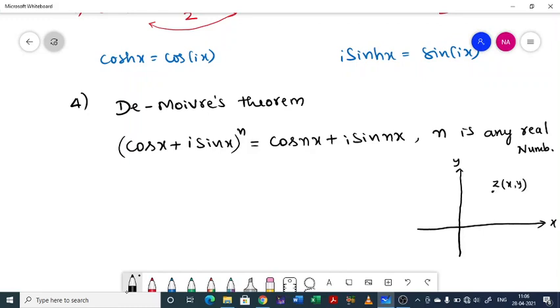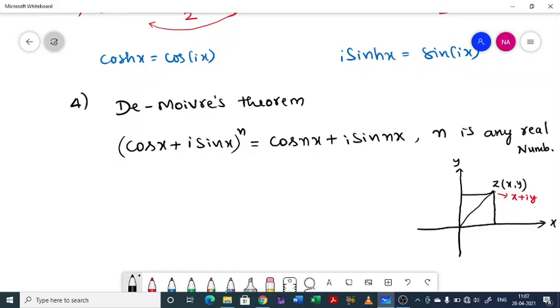So this will be the actual complex number x plus iy, represented using the coordinates x and y. So this length will be y and this length will be x. And you can draw a line joining the point z with the origin.